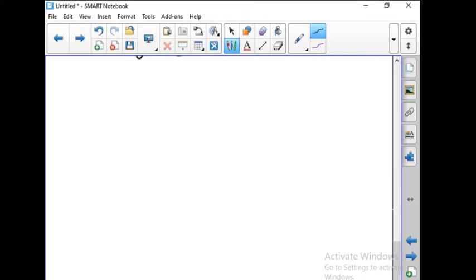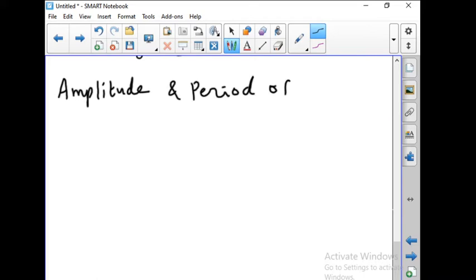Next we will see amplitude and period of a graph. The amplitude is the maximum distance of the graph from the x-axis. We will consider the sine curve.